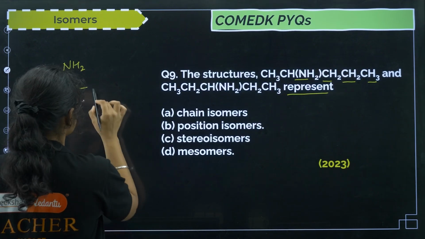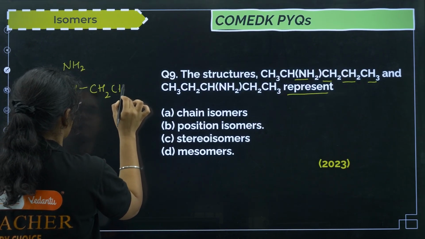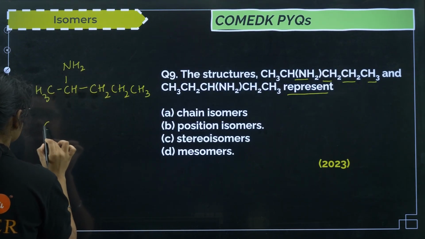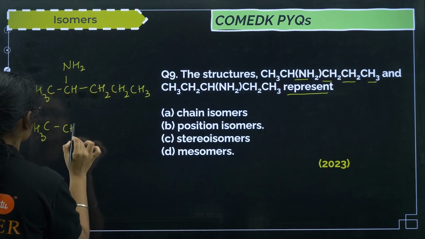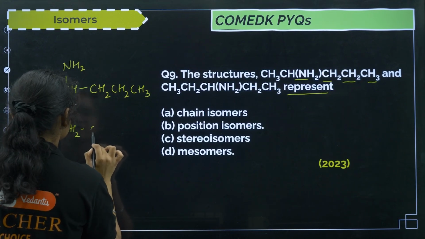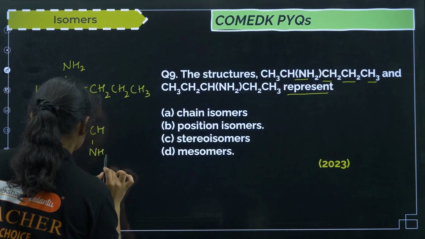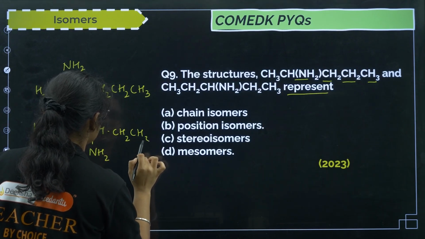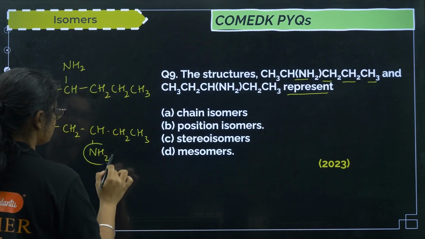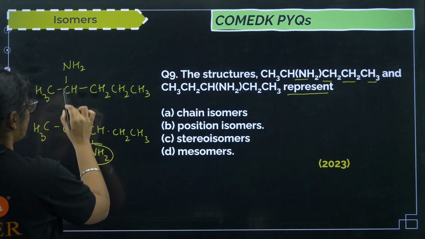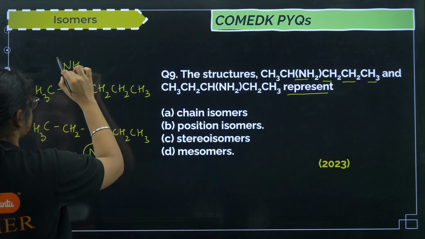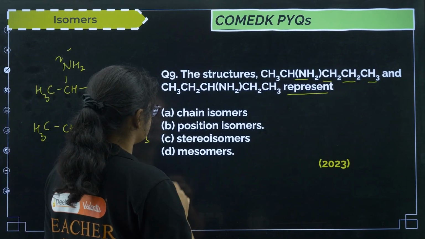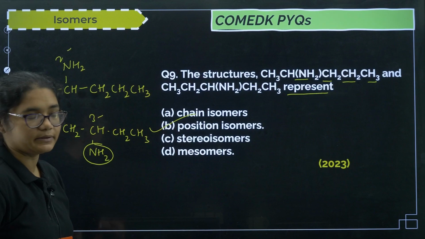Next we have CH2, CH2, CH3, okay, and you have one more, that is CH3, CH2, CH, NH2, okay, CH2, CH3, okay. So now this is what? You have 2-amino and this is 3-amino and this is 2-amino. 2-aminopentane and 3-aminopentane. So that is your position isomers, option number B.